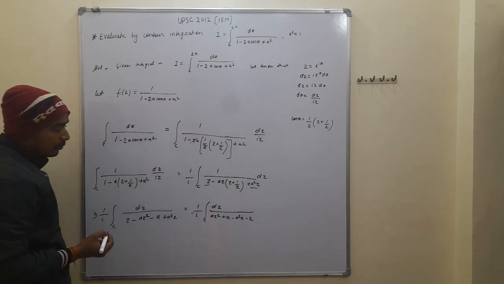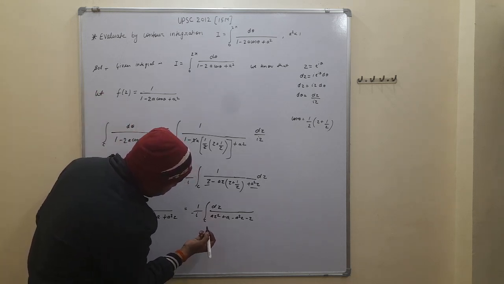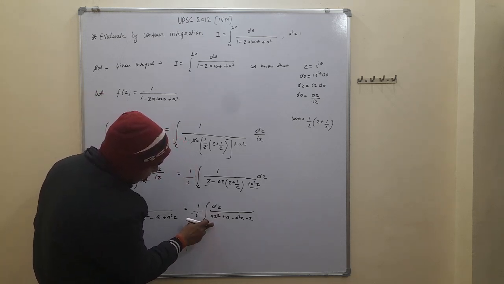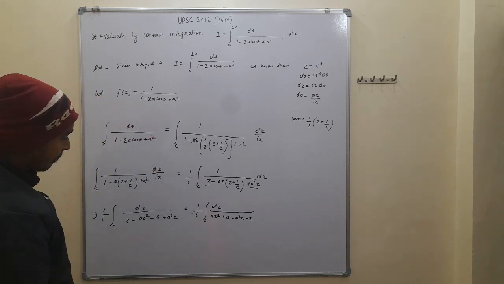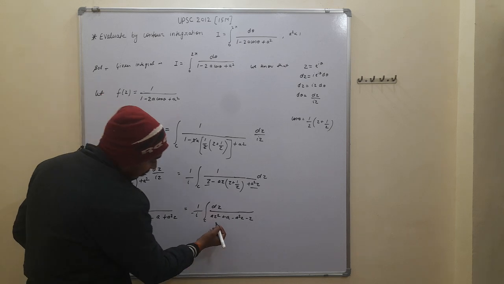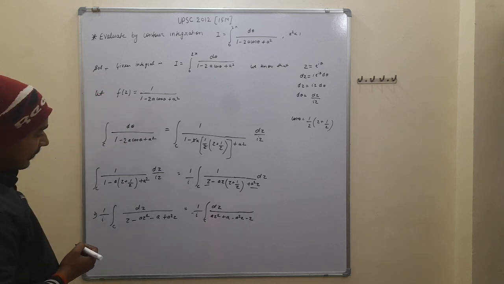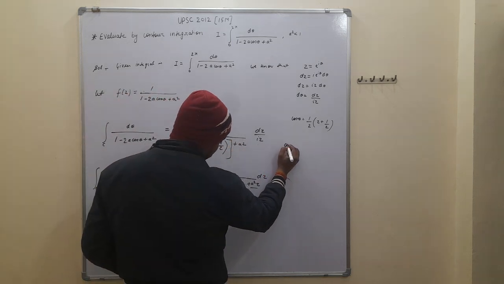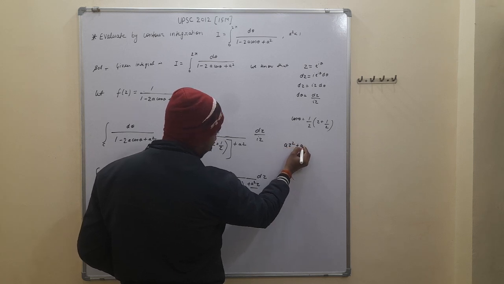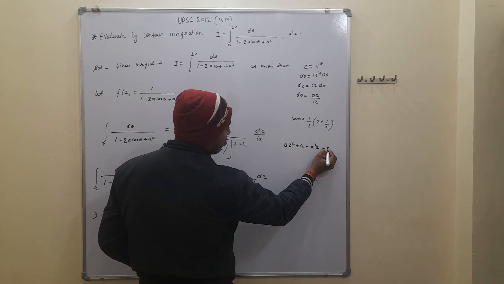And further we take in one bracket. Solving here, this is given by az square plus a and minus a square z minus z.